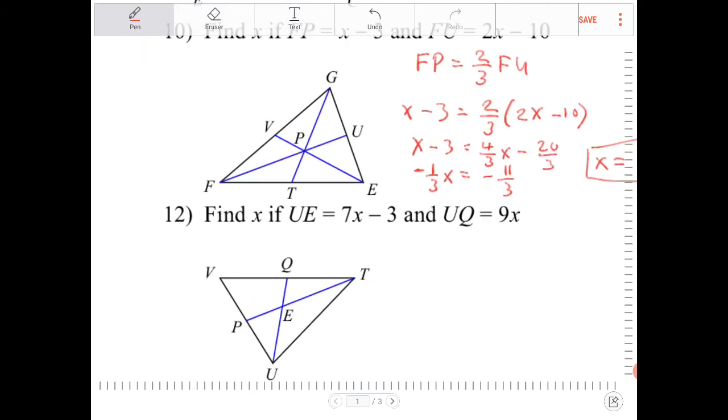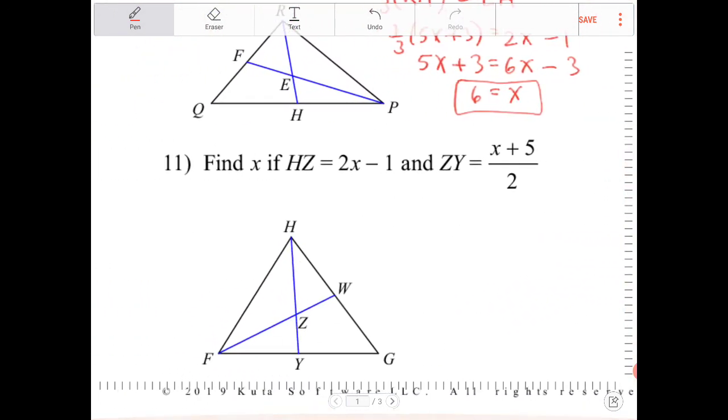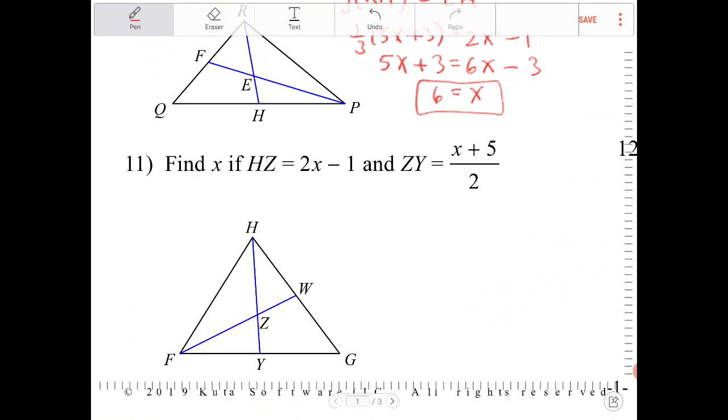So going back over here, question number 11. HZ is going to be 2/3 of ZY. So therefore, 2x minus 1 is equal to 2/3 of x plus 5 over 2.